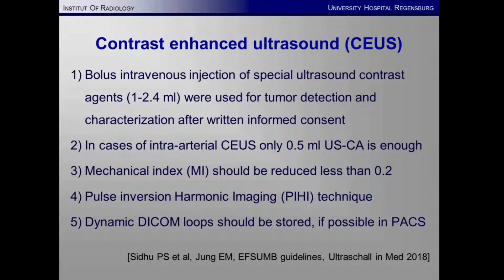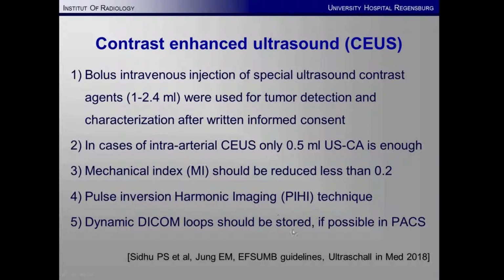Normally, I use SonoVue. You have to reduce the energy of your ultrasound machine. You perform contrast imaging using pulse inversion harmonic imaging. And it is important that you have the possibility to store DICOM loops and to connect to a PACS.